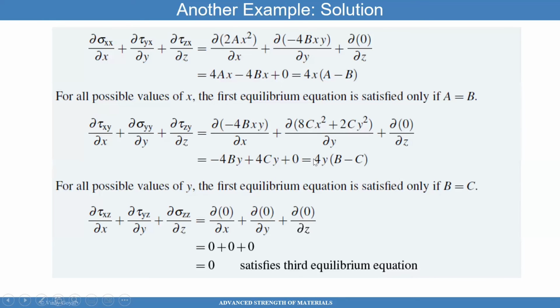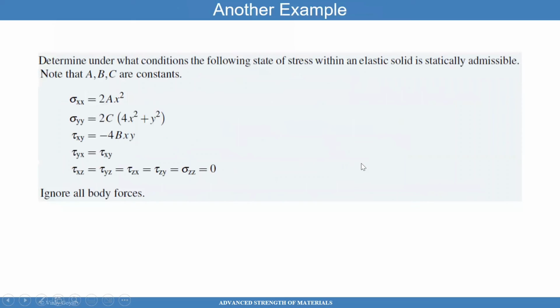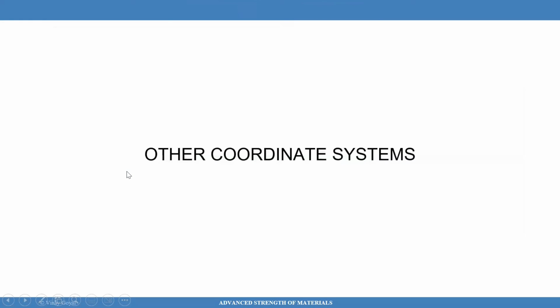But that's true for every point in the body, so y cannot be 0 at every single point in the body. So b has to be equal to c. And it turns out that the third equilibrium equation is satisfied exactly. So the conditions are that a be equal to b and b be equal to c. And if that is the case, then this system is in equilibrium.